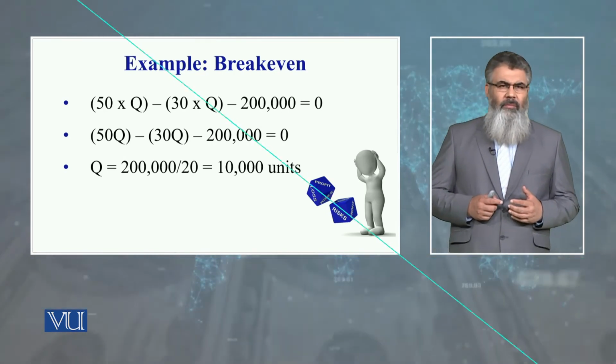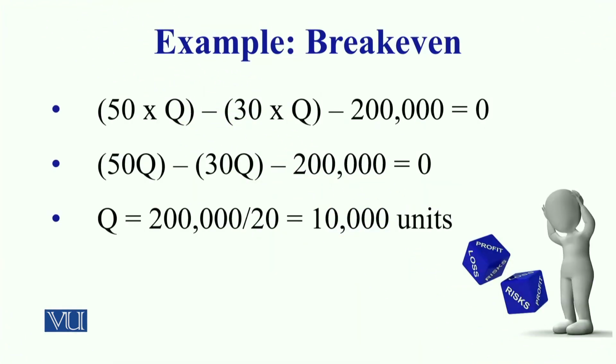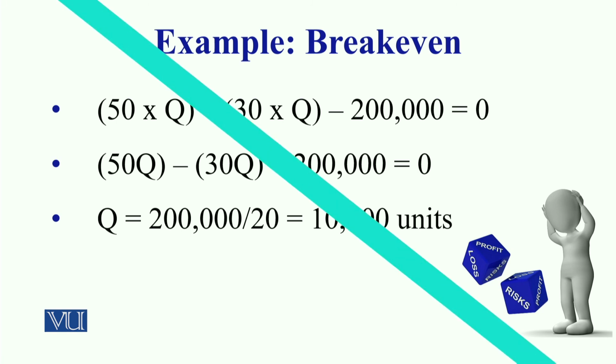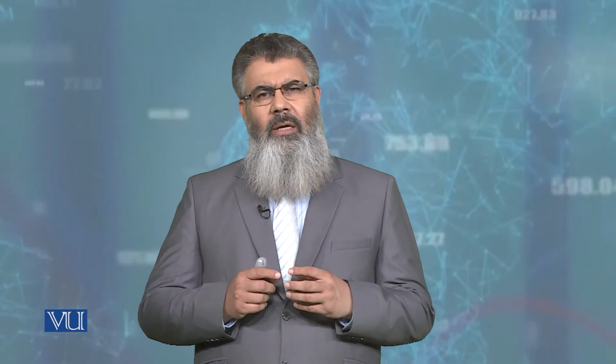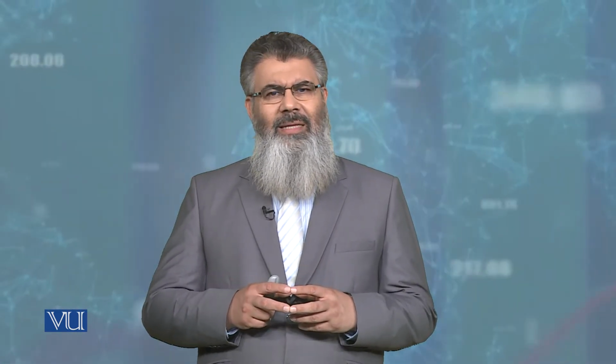That is, if we want to see, using this given set of selling price, variable cost and fixed cost, how many units we should produce to break even, the equation helps us to determine that.